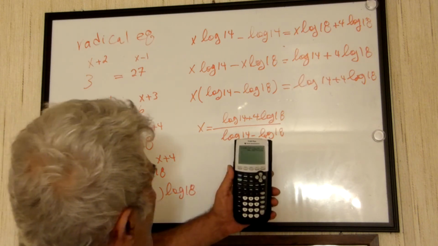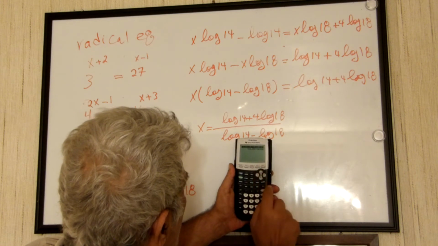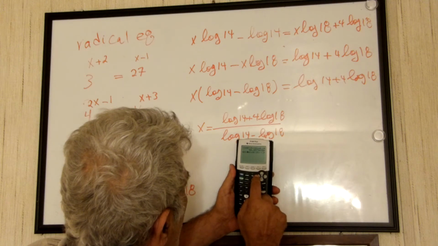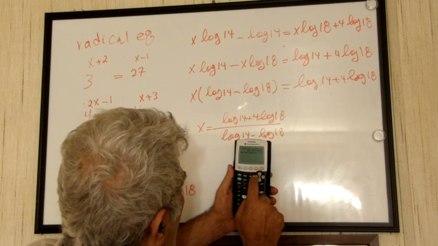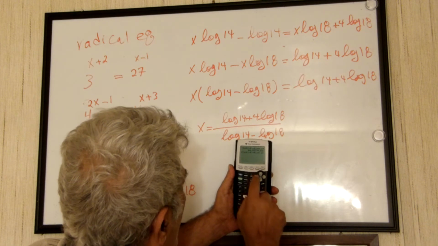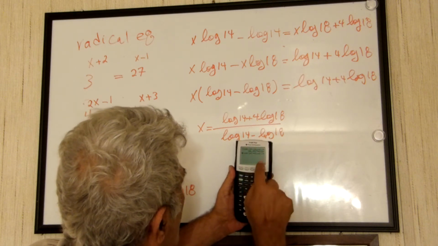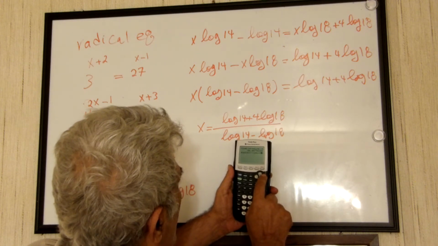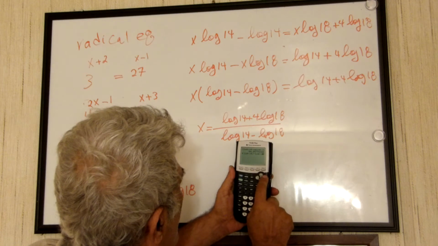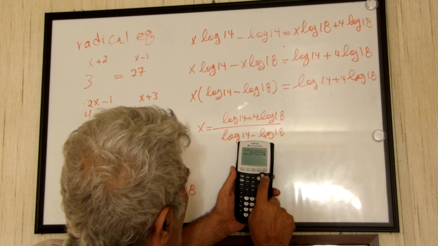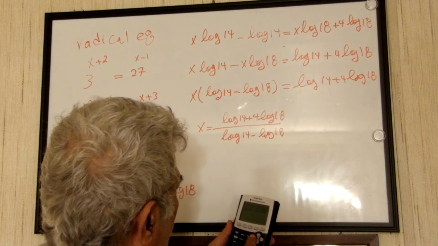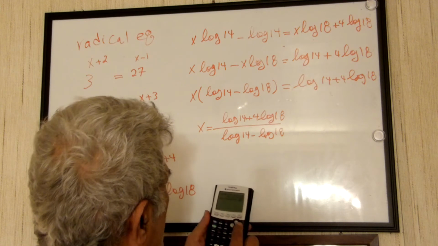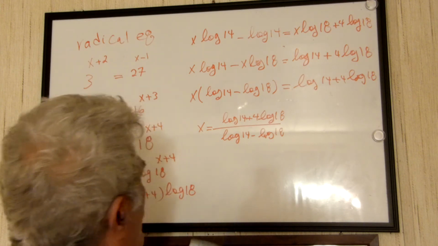See, you bring this one here. You see that what we did here, log 14 plus 4 log 18 divided by log of 14 minus log 18. It's like this. So it's going to be 44.85.